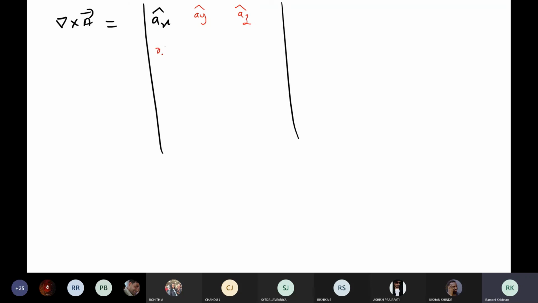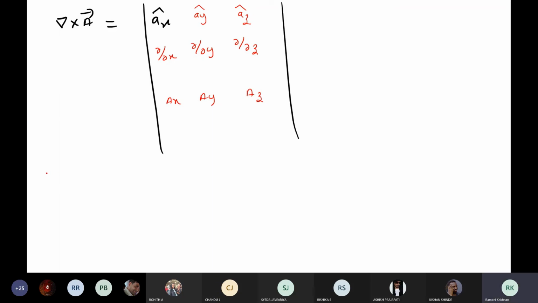Then dou by dou x, dou by dou y, dou by dou z, then AX, AY, AZ. The curl of a vector is defined in terms of this determinant. You have seen this, no? You do this in maths also.